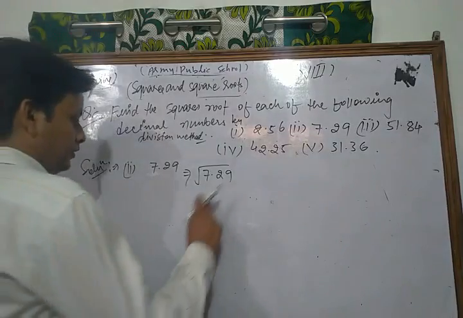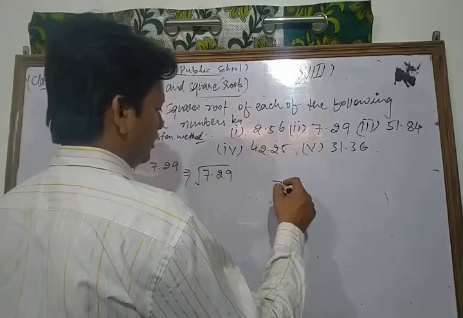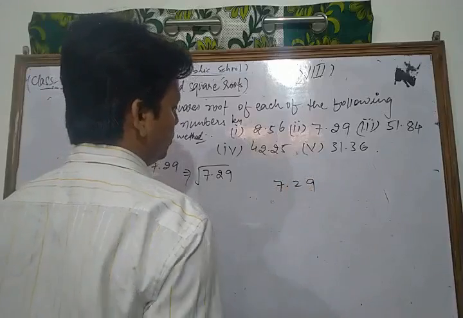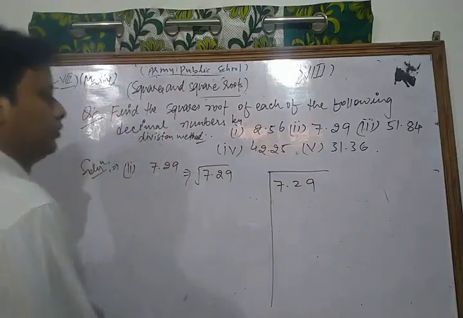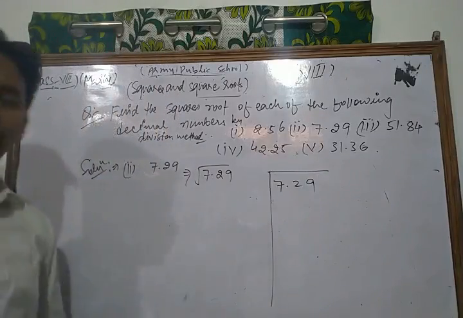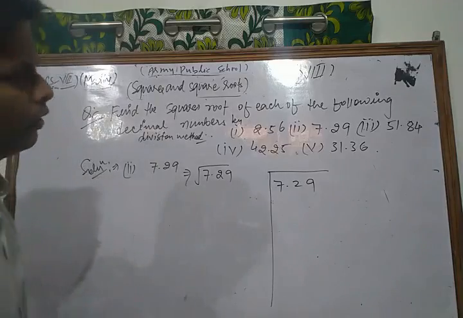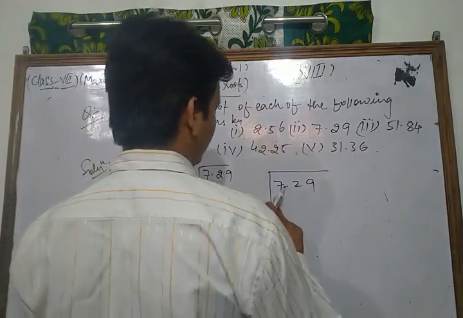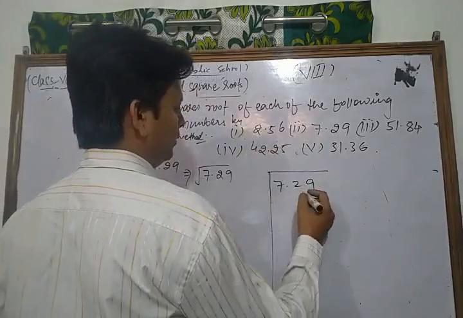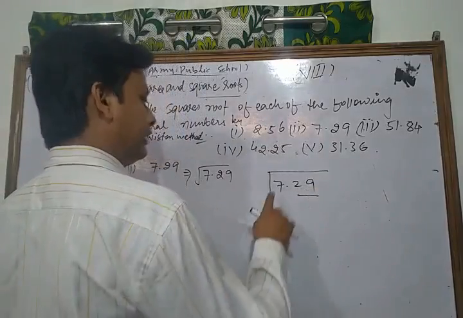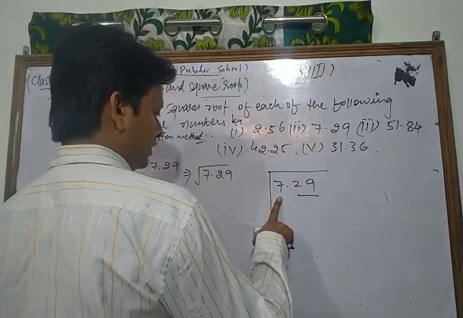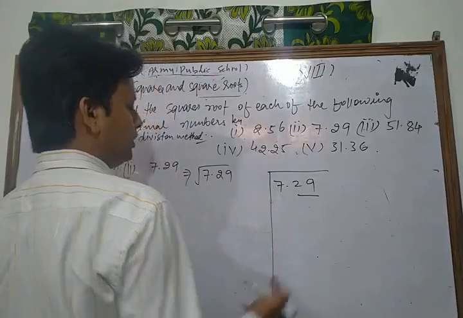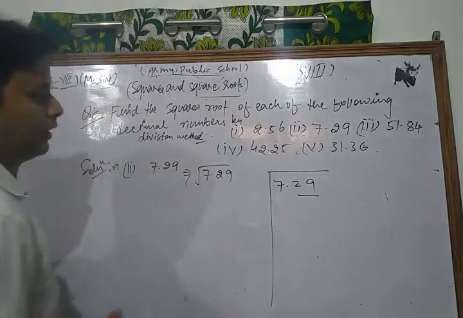Now we find the square root of the given number. We form pairs from that side, and here there is only one digit on the left side of the decimal, so we take 2 twos are 4, 3 threes are 9. 9 is greater than 7.